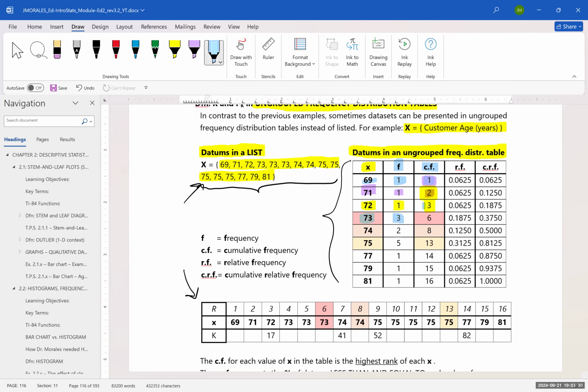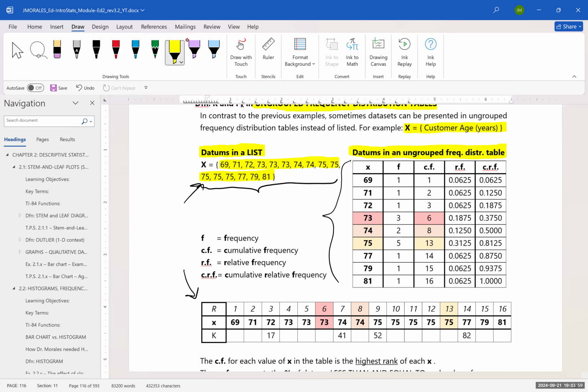We add that to the cumulative frequency up until that point, and 3 plus 3 equals 6. So you can see the cumulative frequency is just adding the frequency of each row to the previous cumulative frequency. It's kind of like a running sum all the way down the list.